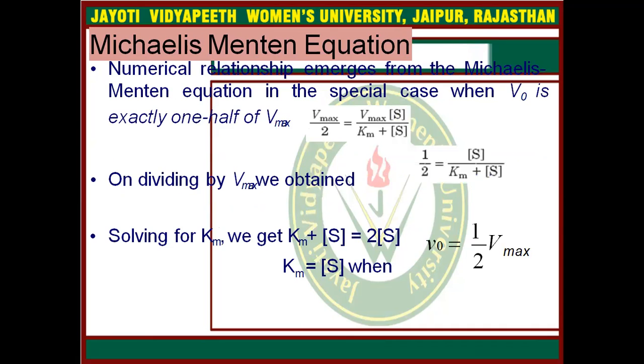A numerical relationship emerges from the Michaelis-Menten equation in the special case when V0 is exactly one half of Vmax. Vmax/2 = Vmax[S]/(Km + [S]).